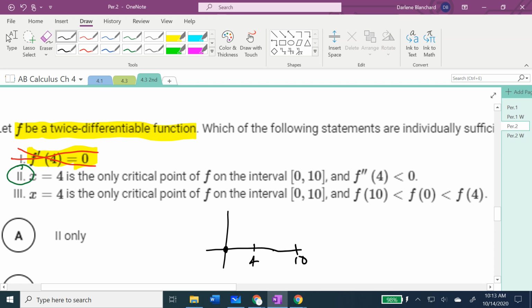Actually, I'm going to take the y-axis out of the mix. There we go.